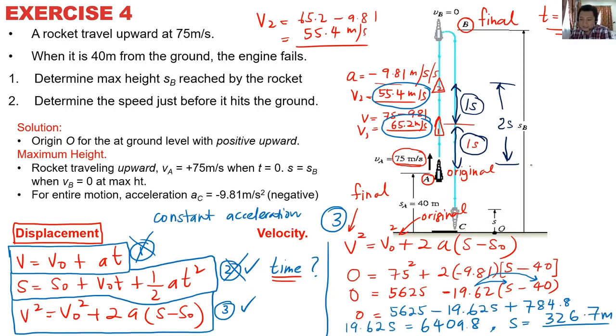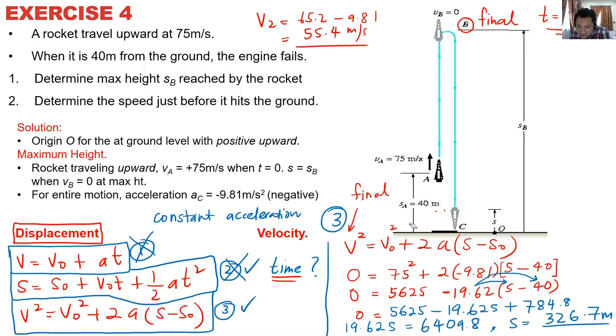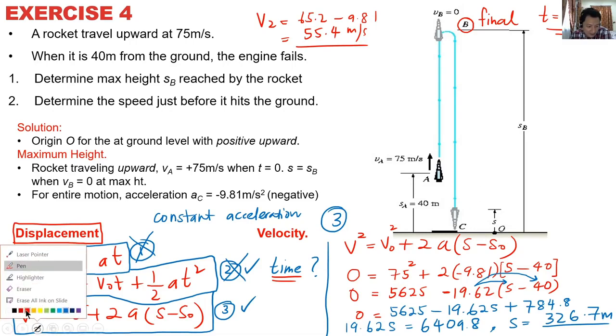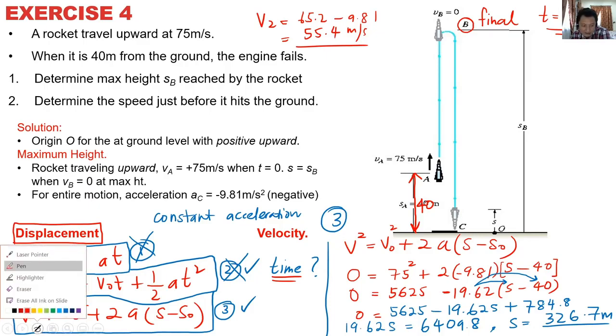Okay, so I'm gonna rub some of the masses here. Okay, now we're cleared. So where are we right now? Dia dah terbang 40 meter. That's why you have this 40, okay? Look at this 40.